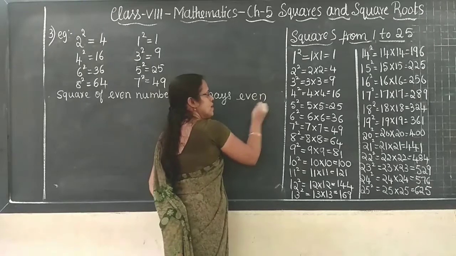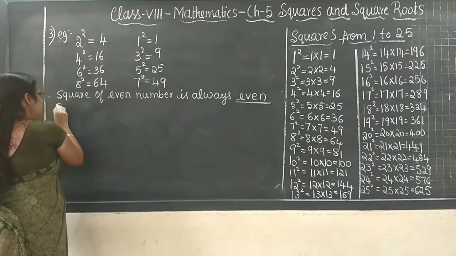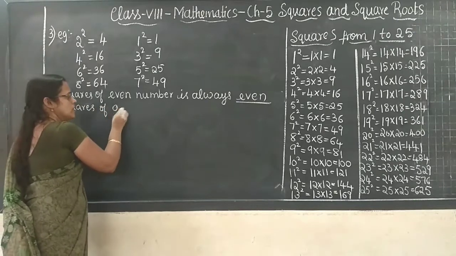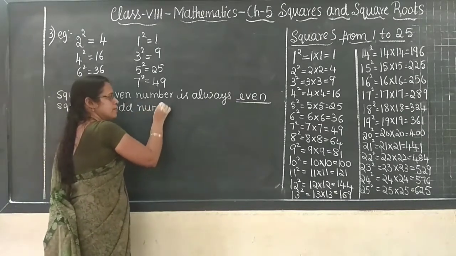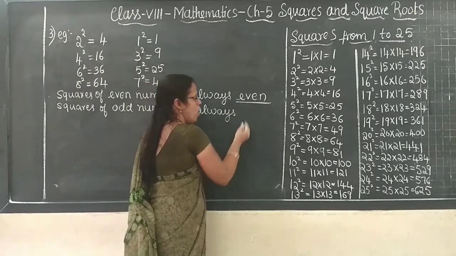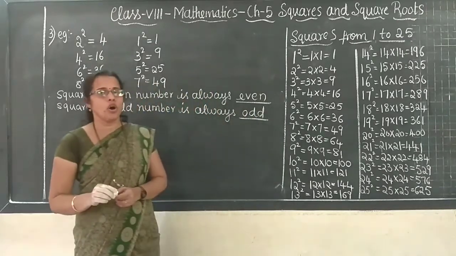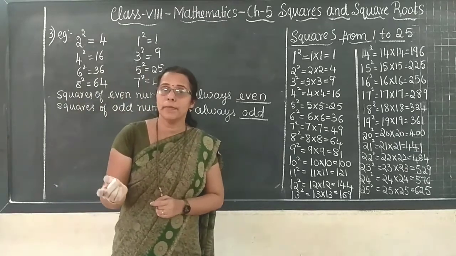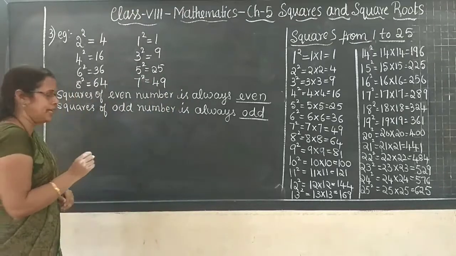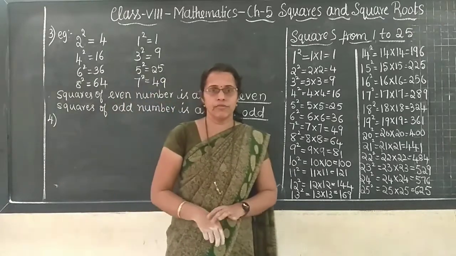Square of an odd number is always odd. Okay? The square of an even number is always even. The square of an odd number is always odd. Will you agree, children? So now, after learning this property, let us move to the next property. Okay? So just see the fourth property.